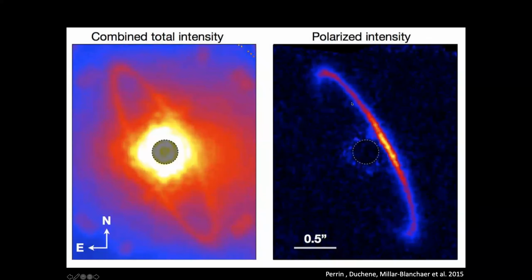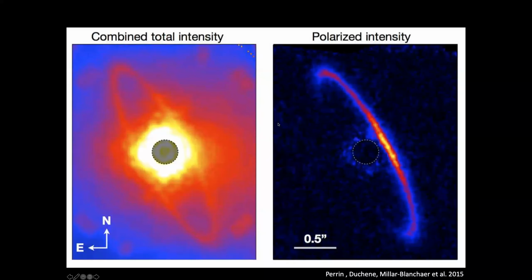Instead, if we look just in polarized light, you can see the ring very clearly with no junk in the middle. So polarization, this is a technique called differential polarimetry, or polarimetric differential imaging, that allows us to just look for the polarized emission right next to a very bright source.